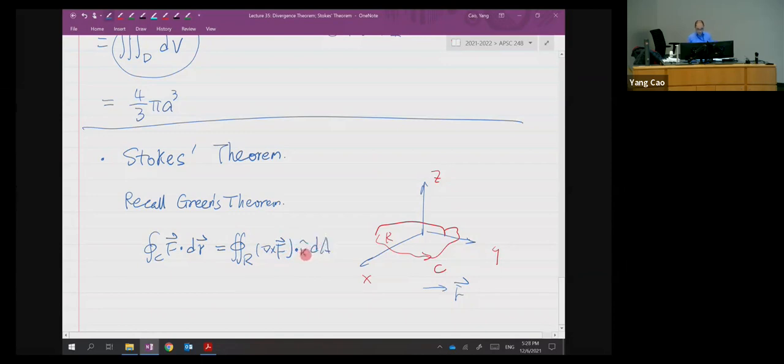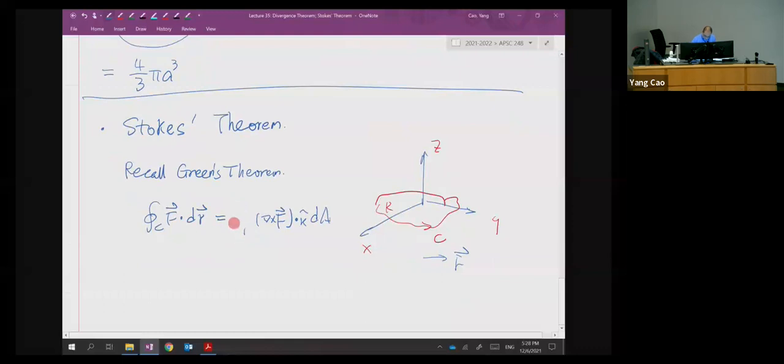And this double integral, when you calculate out this curl and dot product, is basically partial N partial x minus partial M partial y, dA. That's Green's theorem.